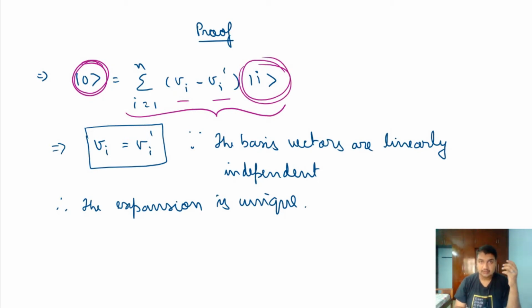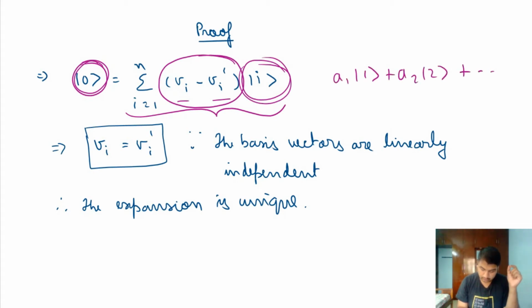But since by definition the basis vectors are linearly independent, the values for the coefficients in this kind of expansion, which is of the form a1 e1 plus a2 e2 plus dot dot dot plus an en equal to 0, must all vanish for this to equal a null vector.